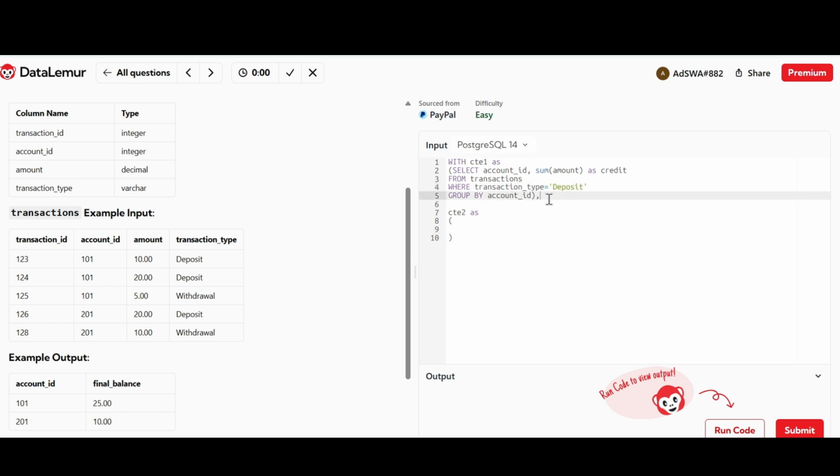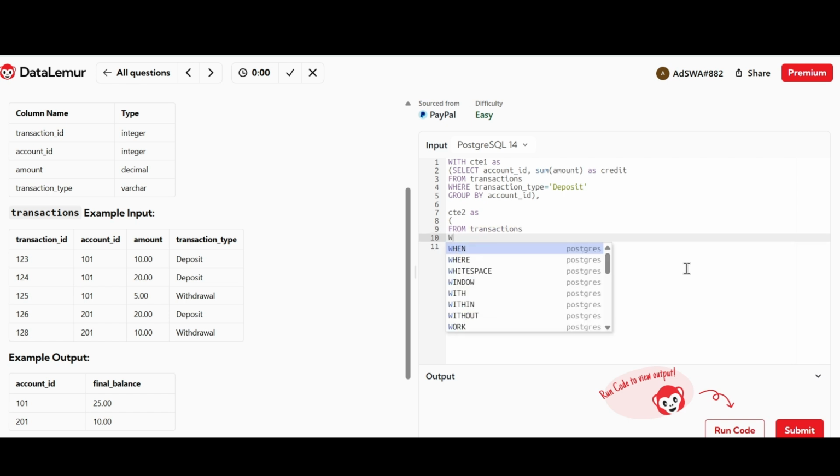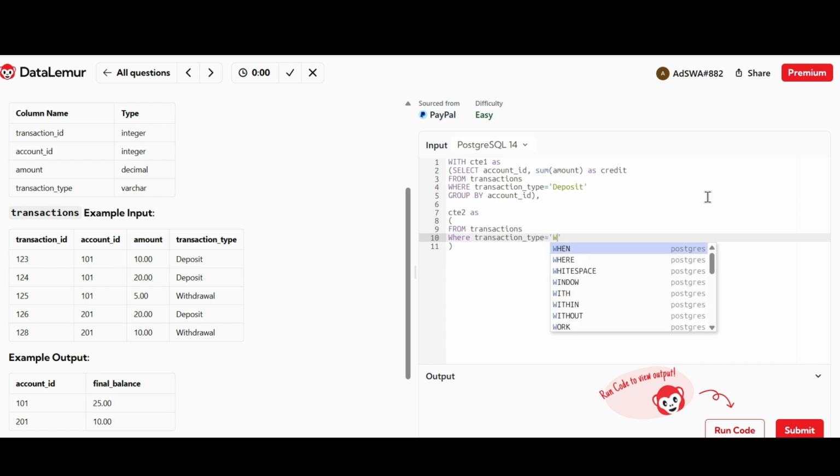Similarly, we will make one for the withdrawal amounts. So we can write, just similar to that, from transactions where transaction type is equal to withdrawal.